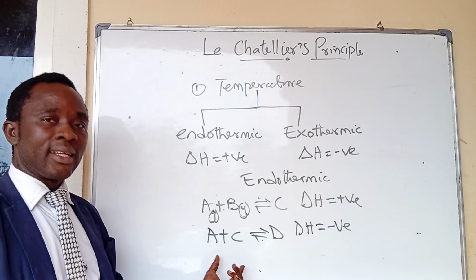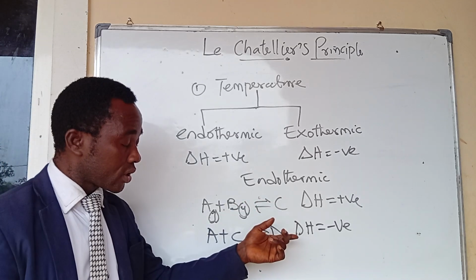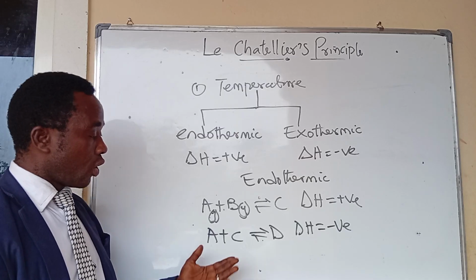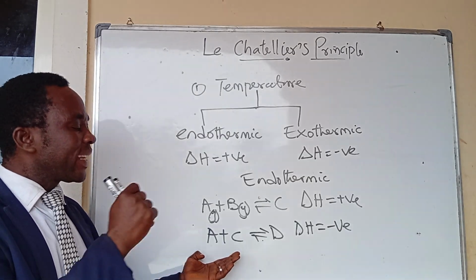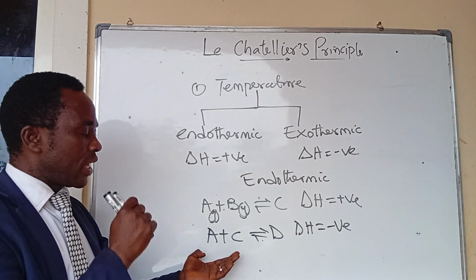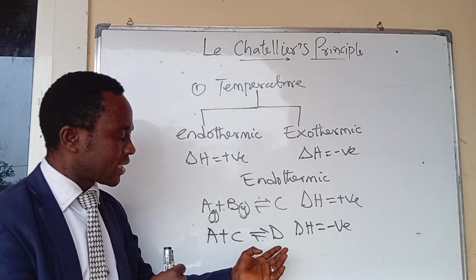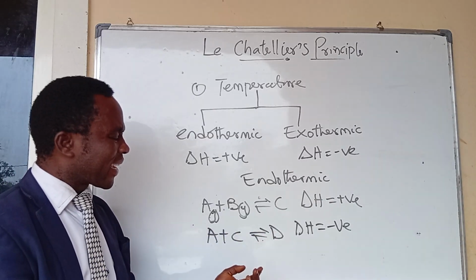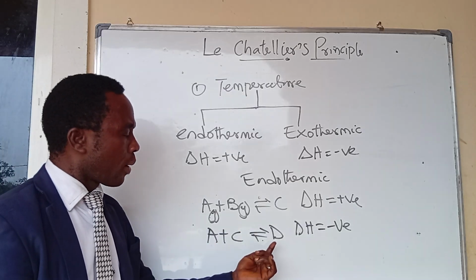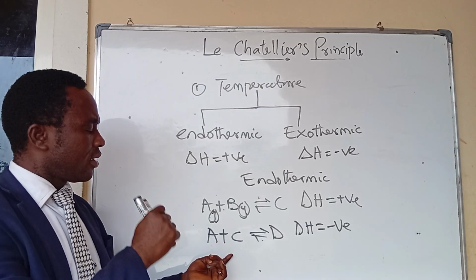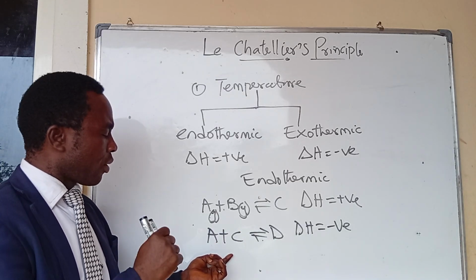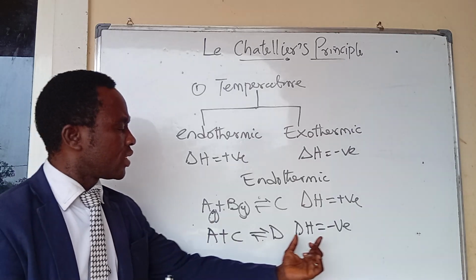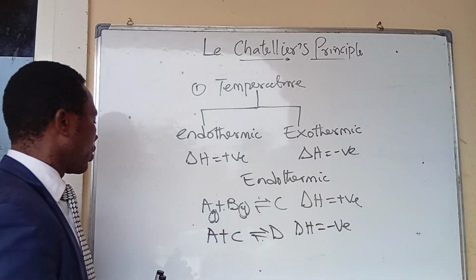It is decrease in temperature that favors the forward reaction. So for this reaction, if I decrease the temperature, the equilibrium position will shift to the right, favoring the formation of more D. But if we increase the temperature, the equilibrium position will shift to the left, favoring the formation of more A and C, because the reaction is exothermic.